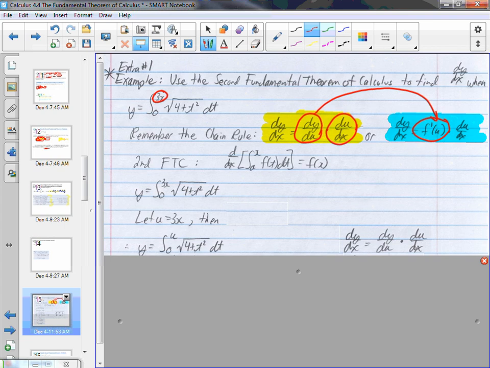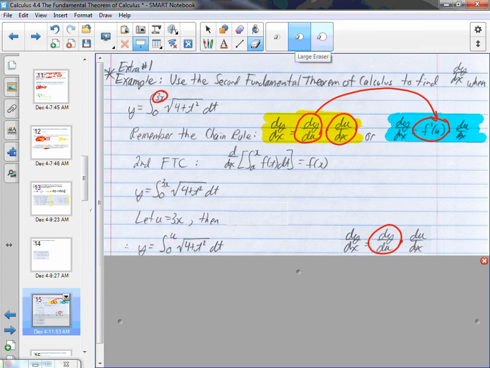Now, I wrote the chain rule down again next to it because I'm going to apply that. So look what I need to do first. To find the derivative of the integral from 0 to u of the square root of 4 plus t squared dt, the first thing I do is take the derivative with respect to u. Well, if that was an x, we'd get square root of 4 plus x squared, correct, as our derivative?